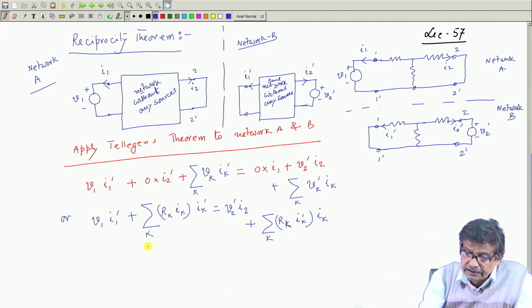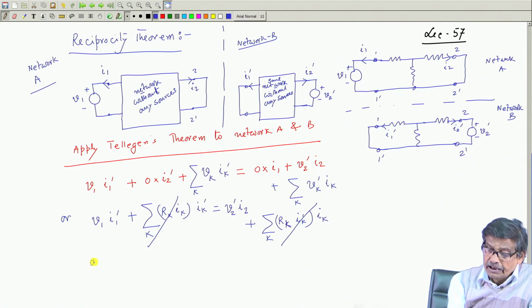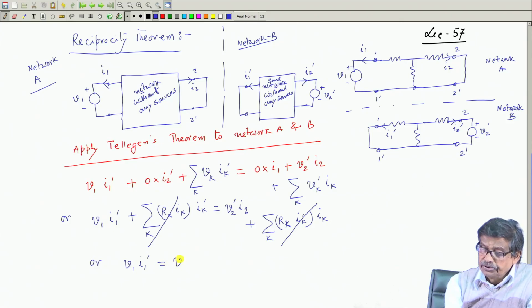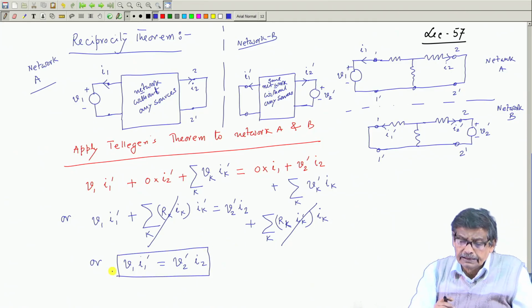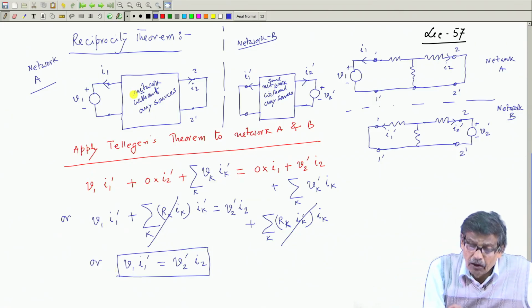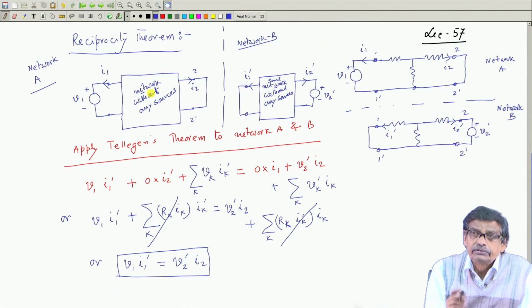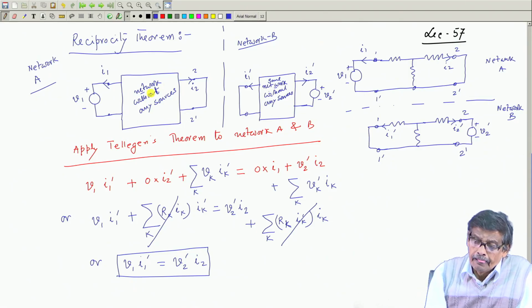Therefore, these 2 terms will cancel out, and you will be left with V 1 into I 1 dashed is equal to V 2 dashed into I 2. It is needless to say that the only condition is that this internal network should not be any sources present.